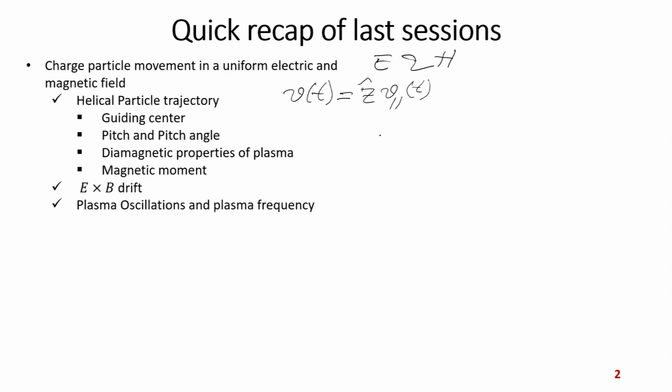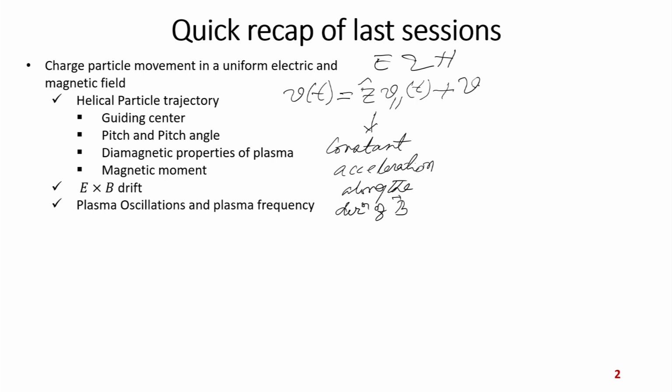and this represents a constant acceleration along the direction of the magnetic field, direction of E. Then the other component is V_E.